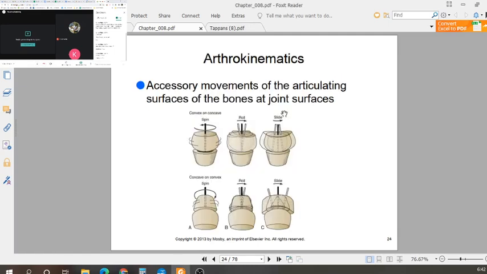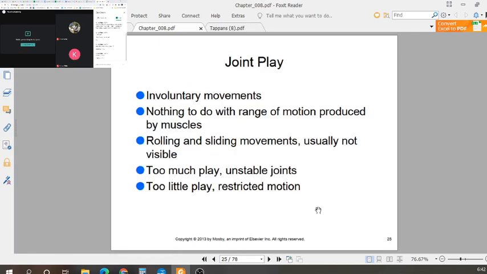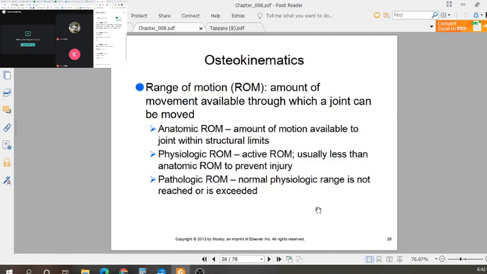So there we have the accessory arthrokinematic movements, spinning, rolling, sliding. Depending on the shape, it'll look a little bit different. So if we have too much joint play, or a hyper amount, then it's unstable, high risk for injury, tearing, and too little is not able to do normal movements.